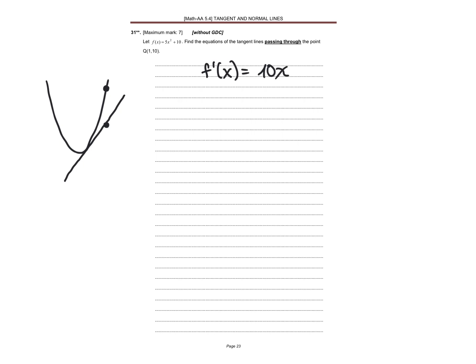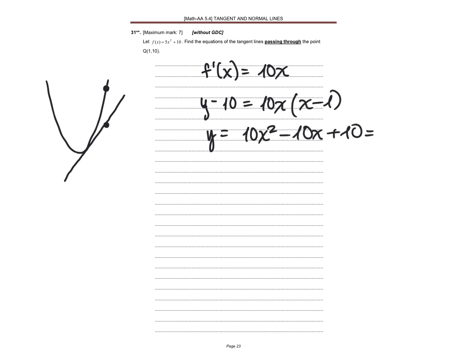Okay, so the only thing we can start with is the general form including q. So we're going to have y minus 10 equals the m, and then x minus the x coordinate 1. So 10x squared minus 10x plus 10 is going to be the general equation of our tangent line going through the point 1, 10.